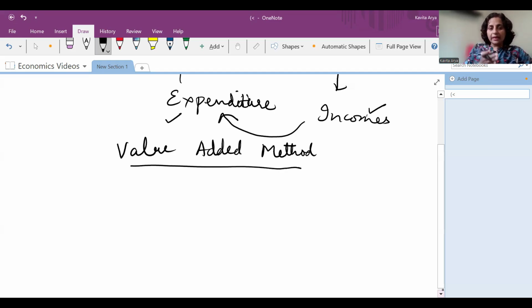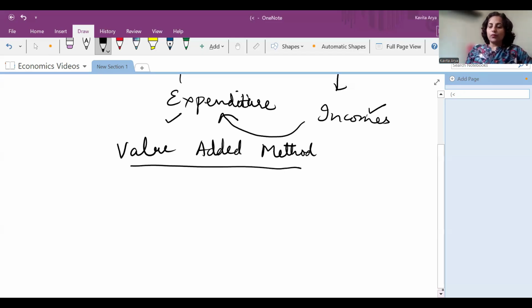Take a simple example. Wood is first cut and lumbered from the forests, then it is given the shape of planks, then further value is added in terms of furniture, and then finally it goes to the consumer. So at every stage, there is some value addition happening in the economy.